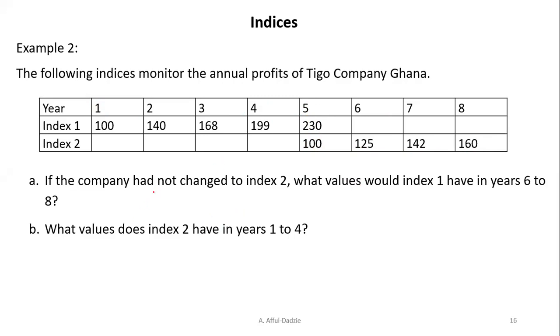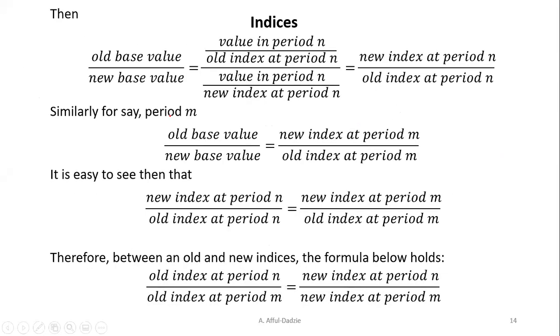Now, it says that if the company had not changed to index 2, what values would index 1 have in year 6? So now it's like saying we are in the new era, but we want what the equivalent indices would be if we had not changed to this new one, meaning that we are supposed to use the old index. Let's go back.